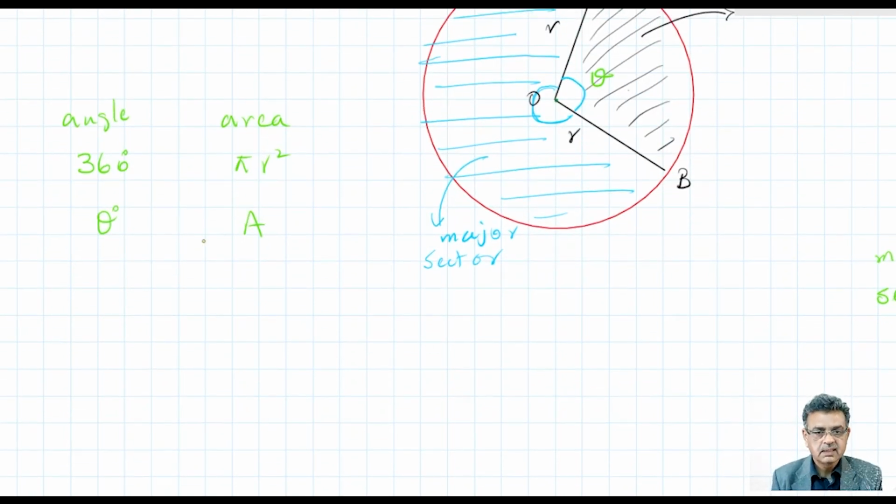Then once again cross multiplication, there is direct proportion between angle and area within 360 degrees. Then area is theta into pi r square divided by 360. 360 will be divided on this side.